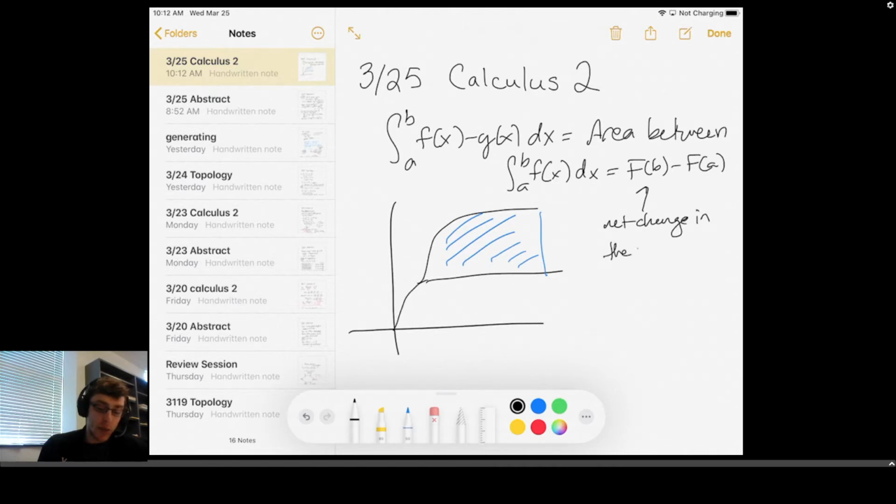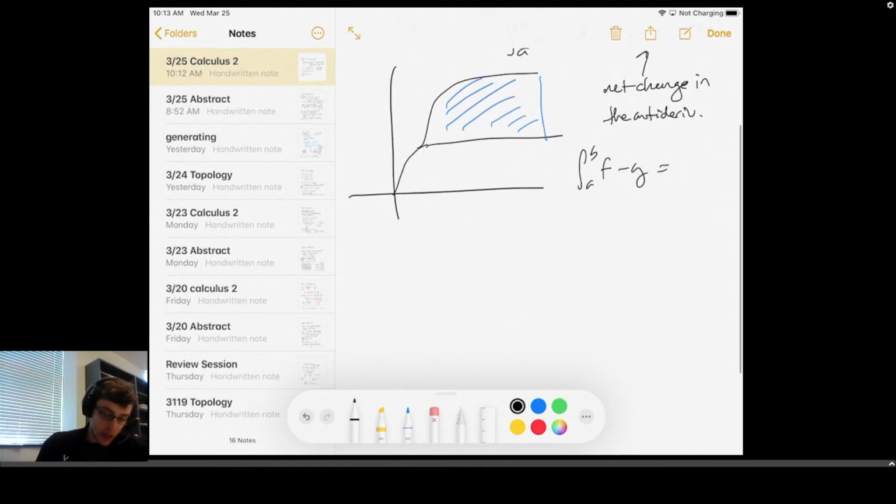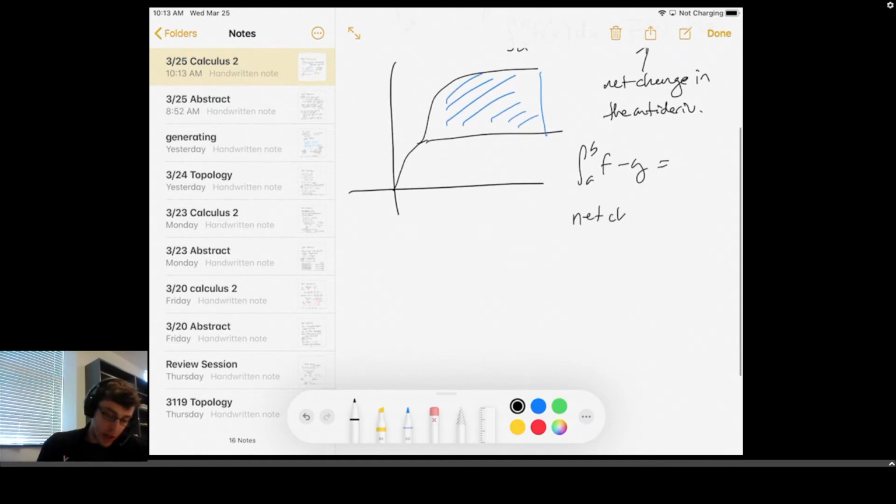So another way to view this is it's the net change in the antiderivative of the difference, or difference of antiderivatives, right? You can either split up the integrals or put it in. So maybe I'll say the other one because that makes more sense in terms of the real world: net change in the difference between the antiderivatives.